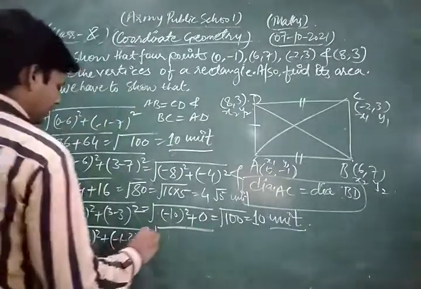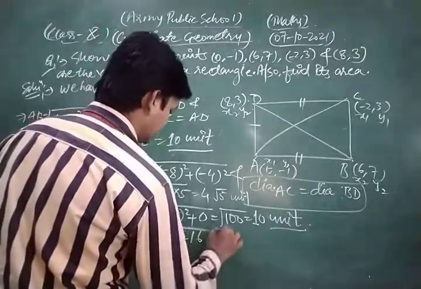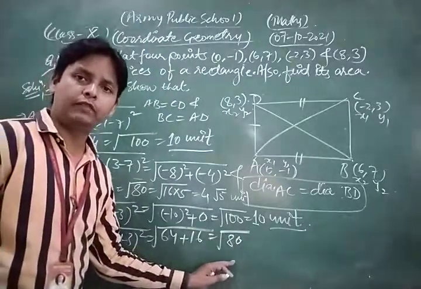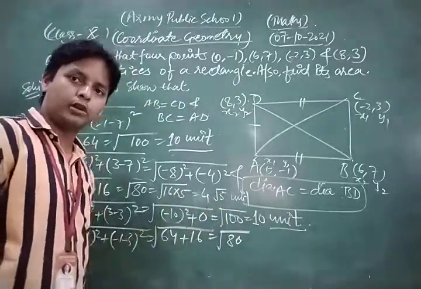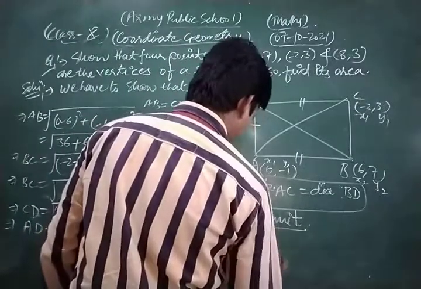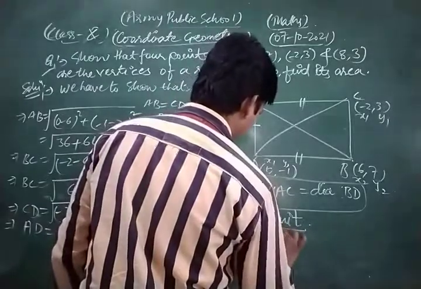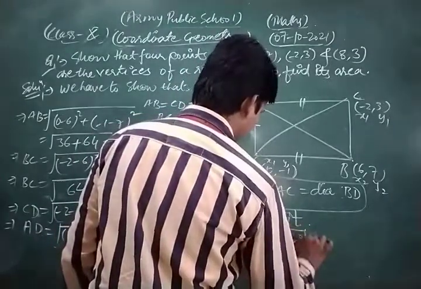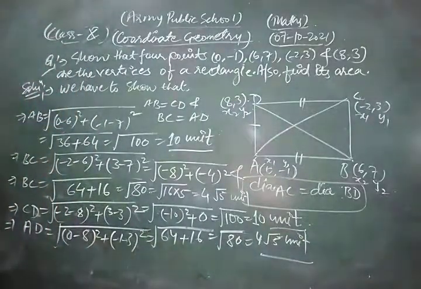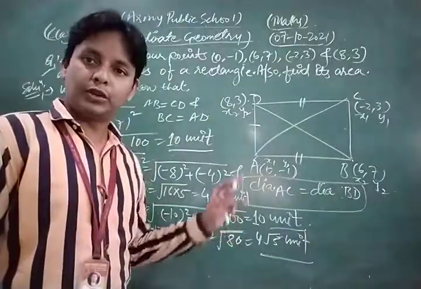So we get 64 plus 16, that is 80, and 80 we can write as 16 into 5. From 16 we take 4 common out from the surds, and under root 5 is left. So 4 under root 5 unit.